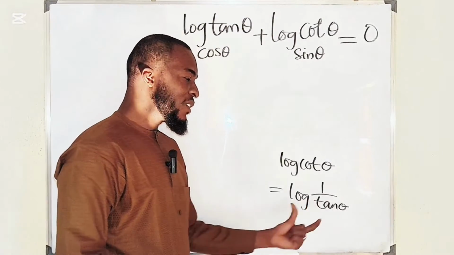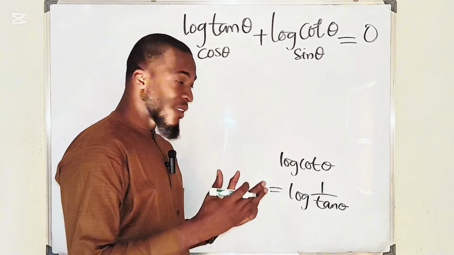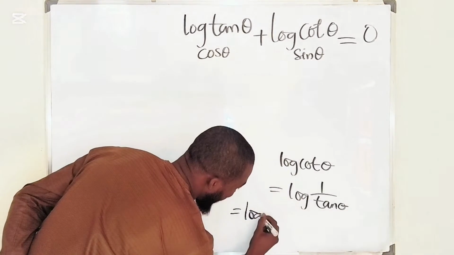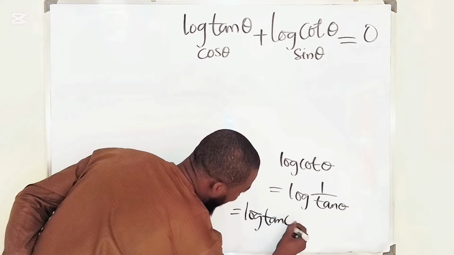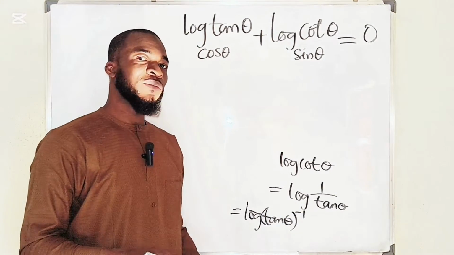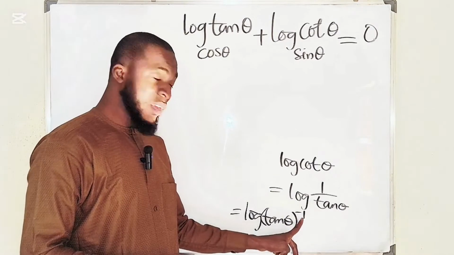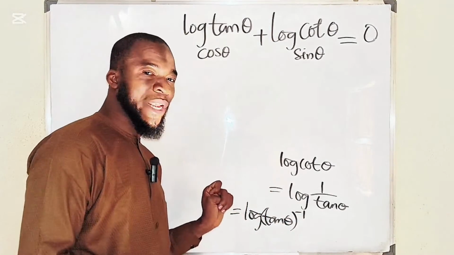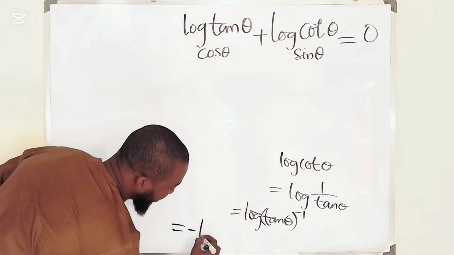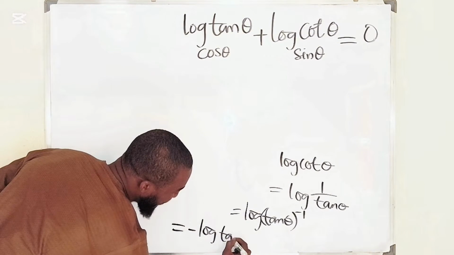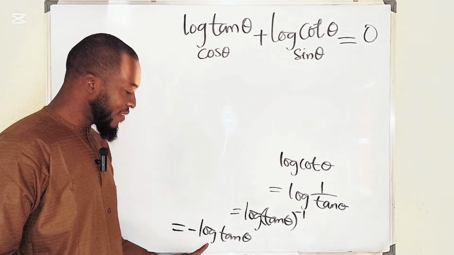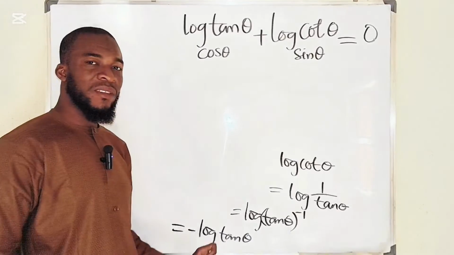And 1 divided by tangent theta is the same thing as tangent raised to the power of -1. This is log of tangent theta raised to the power of -1. And according to one of the laws of logarithm, this -1 can now drop down to multiply. So finally, we have negative times log of tangent of theta, which means that the whole of this is the same thing as negative log of tangent theta.